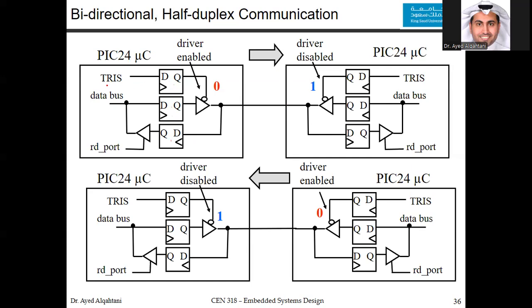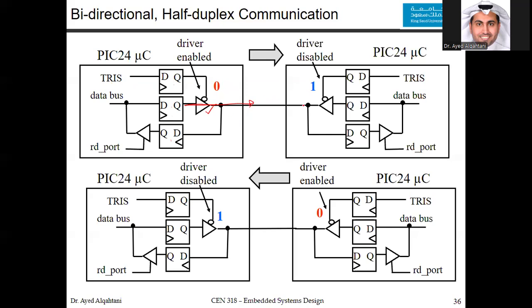So if you make the value of this particular PIC24 equal to 0, this 0 will activate this link. So it's going to work. Remember, when we put the TRIS equal to 0, it means that we are configuring the port at this PIC24 to be output. So this way we make it output.